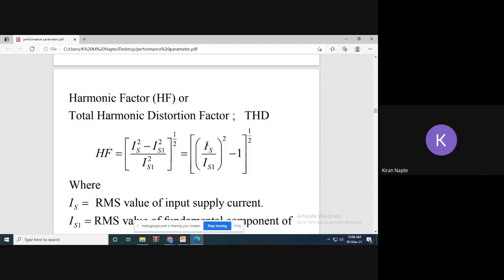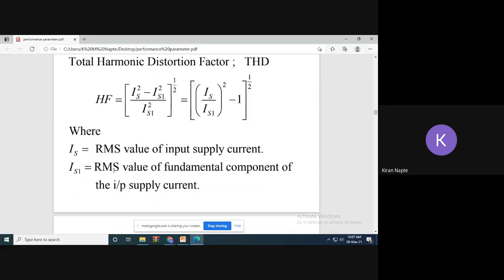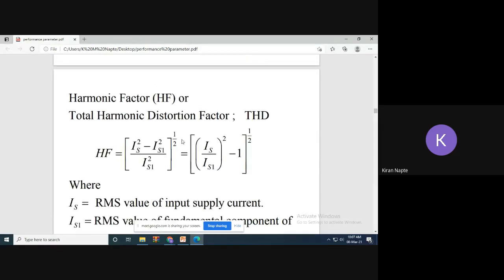What is this IS? IS is the RMS value of the applied AC current, right? And IS1 is the RMS value of the fundamental component of the input supply current. So this is the harmonic factor.